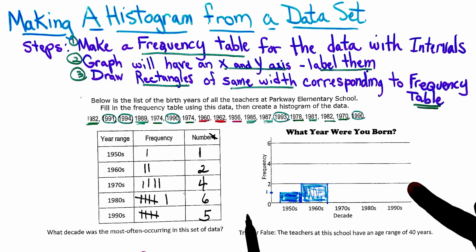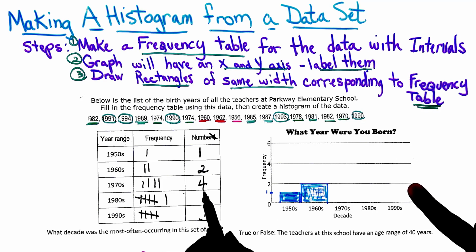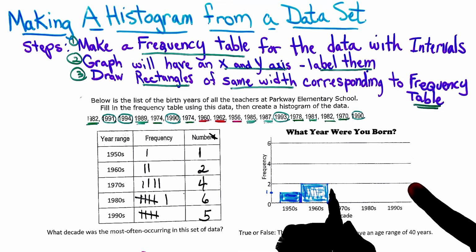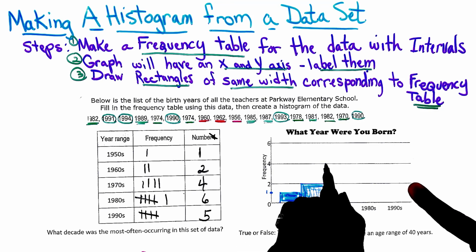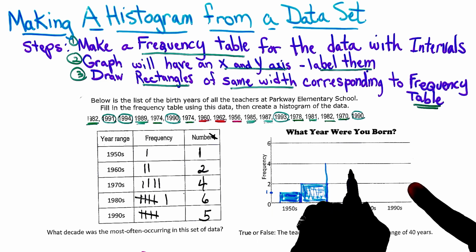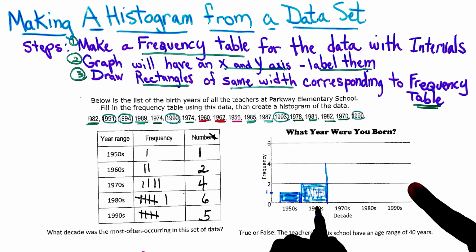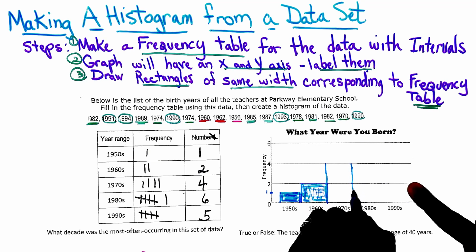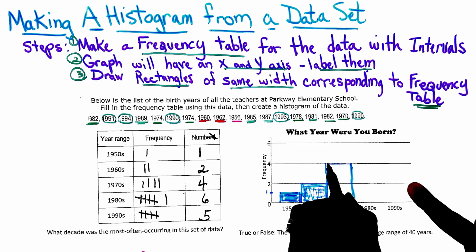All right, let's look at the 70s. We see we have 4. So I know I'm going to go all the way up to this line, and I'm going to just connect it to this other one. Again, attempting straight lines and attempting the same width, which is not an easy task. But remember, we're human, we're not machines.